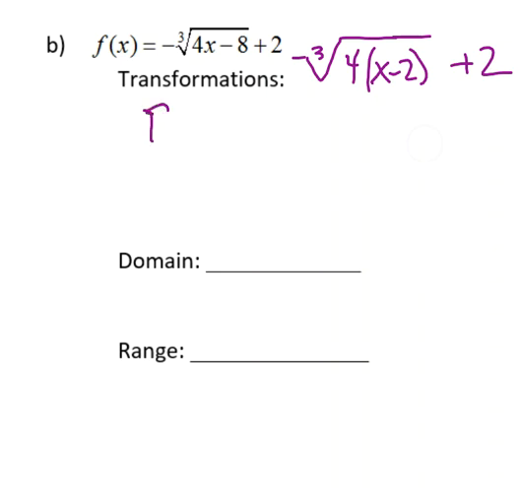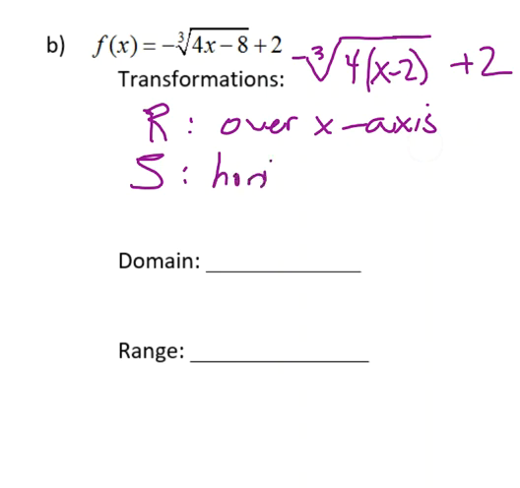shrink. So for my RST, I have a reflection over the x-axis. I have, for my stretch, a horizontal shrink of 1/4. And it's a horizontal shrink because this is larger than 1.